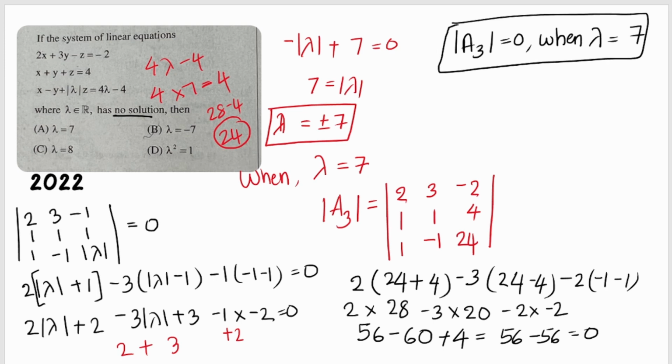For no solution, our condition is that determinant of A1 or determinant of A2 or determinant of A3 should not be equal to 0. Here determinant A3 is equal to 0.